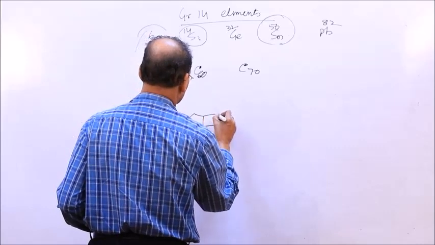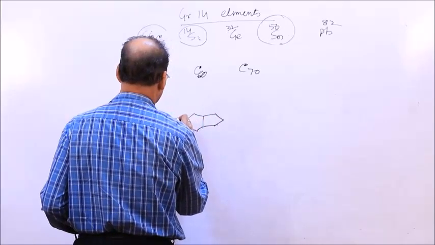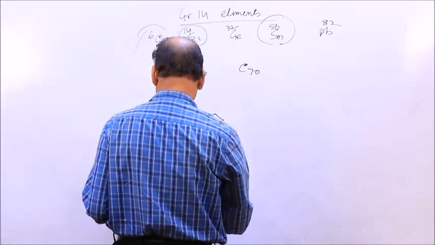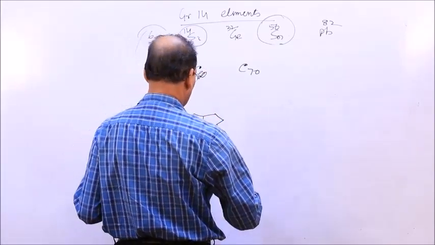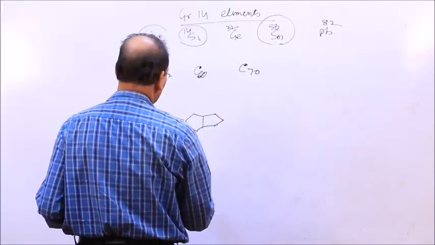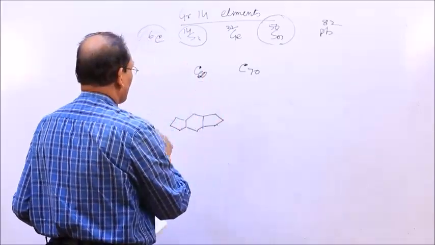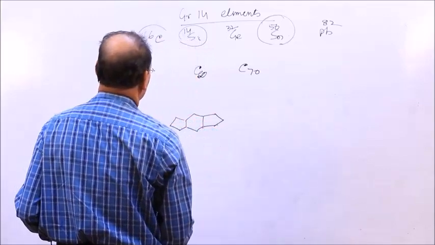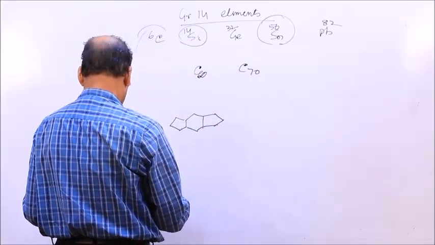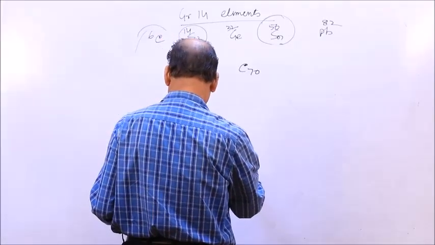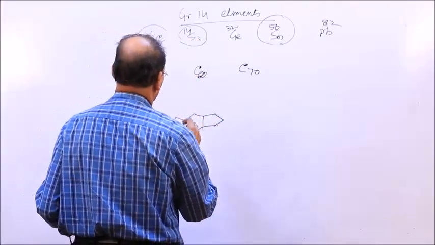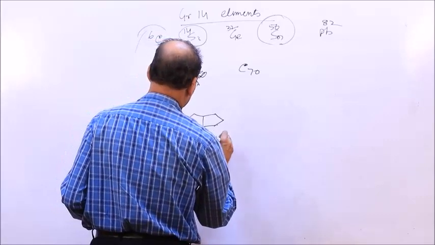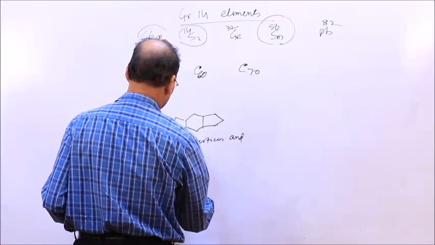Both the hexagonal and pentagonal structures are clubbed together, forming a ball-type structure, termed the buckyball, which has 60 vertices, each occupied by one carbon atom.